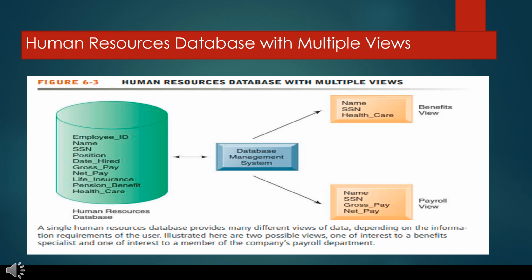A database management system is a set of programs that is used to store, retrieve, and manipulate the data in a convenient and efficient way. As you can see here, a single human resources database provides many different views of data, depending on the information requirements of the user. Illustrated are two possible views, one of interest to a benefits specialist and one of interest to a member of the company's payroll department.